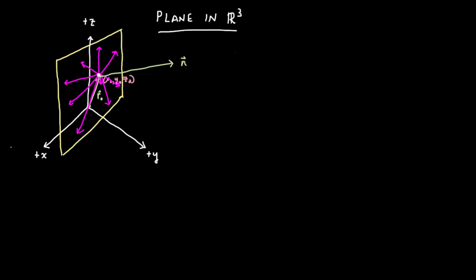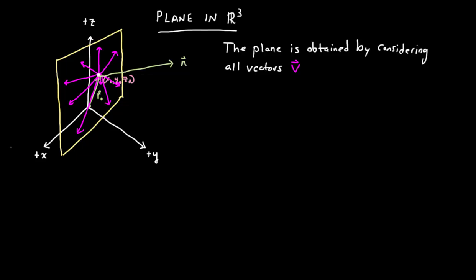And so the plane that we want is going to be obtained by considering all vectors v such that, again, they are orthogonal to n. Now, how do I mathematically describe that? They will be orthogonal if v dot n is equal to 0.